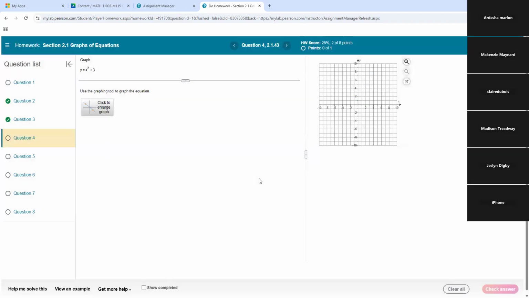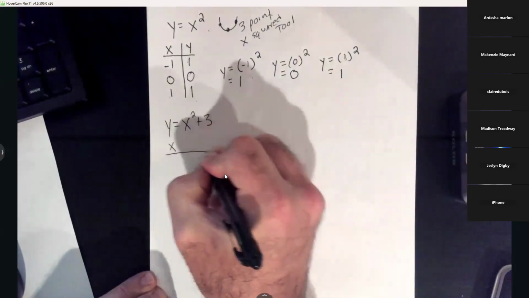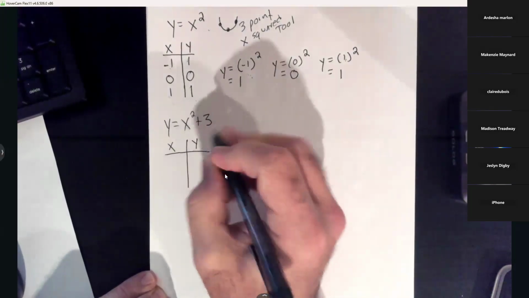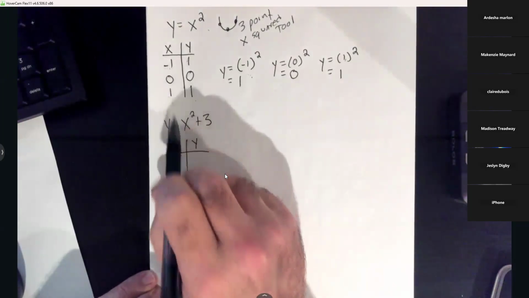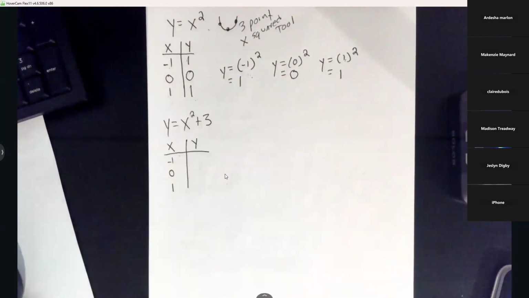All right, so we got y equals x squared plus 3. This one is still quadratic because you still got the x squared in it. So you would make you a table again. And y'all, I would still use the same 3 numbers I had, negative 1, 0, and 1.